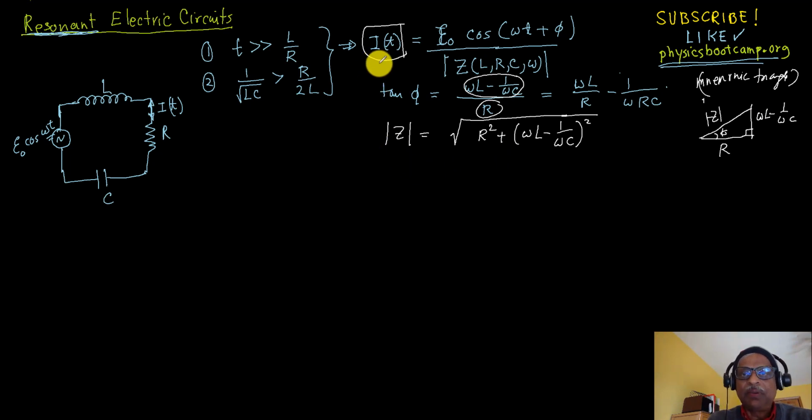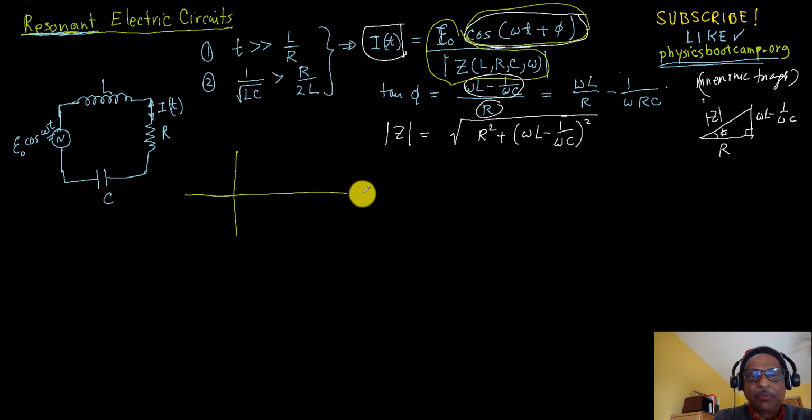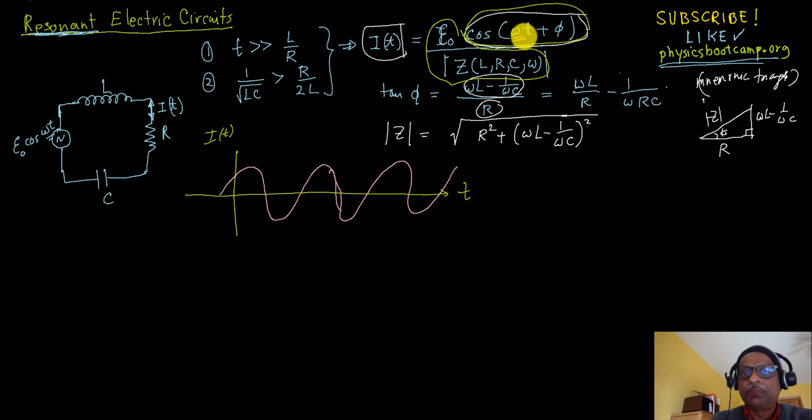So you can see that if I ignore this part, which is oscillating, and you just look at this part, the current for fixed R, omega, L, and C, versus time, will go with time periods, from here to here is one time period.